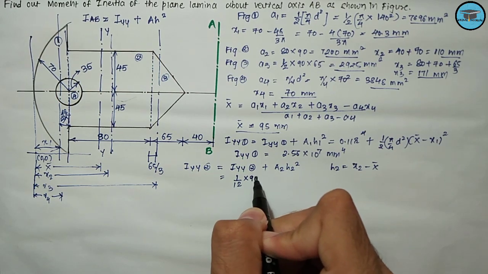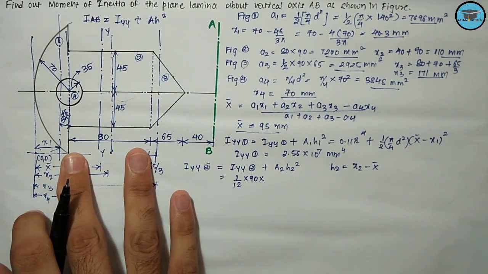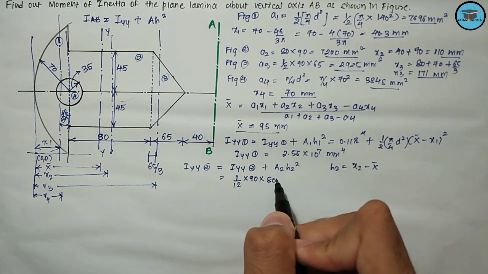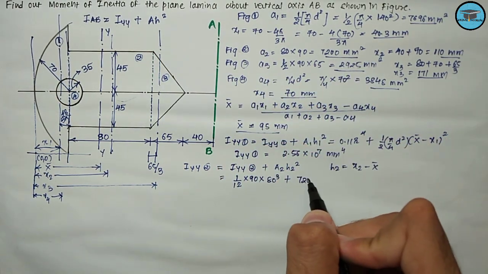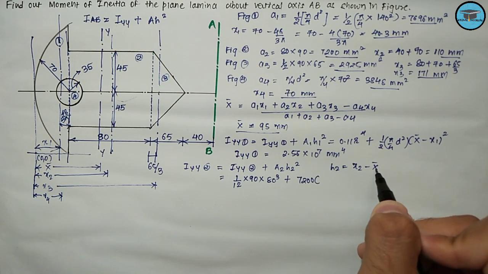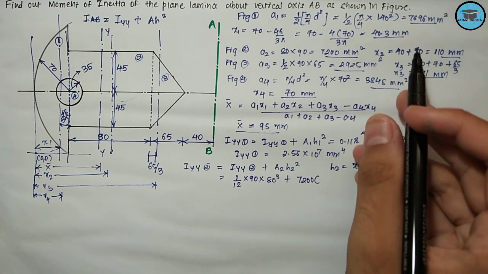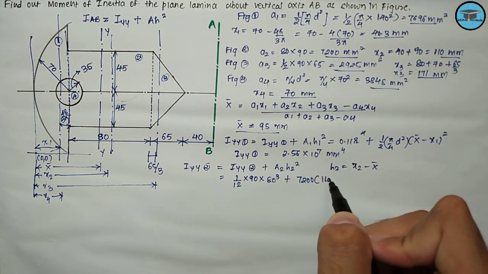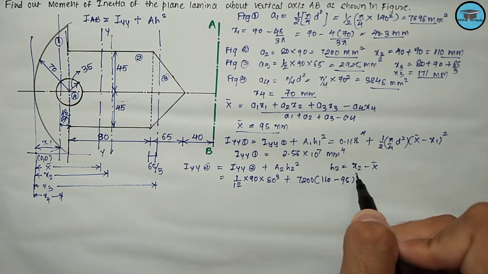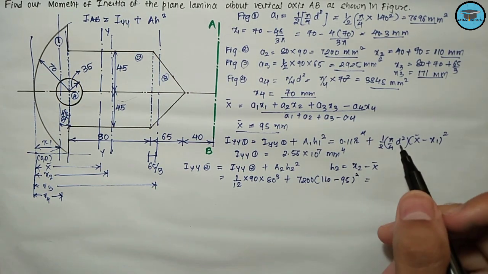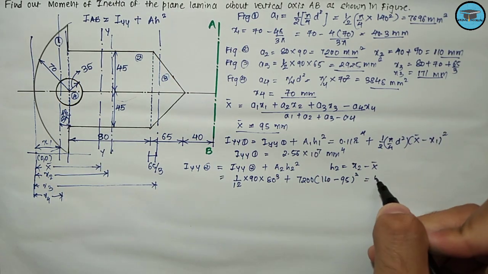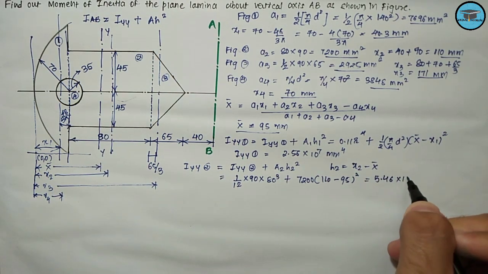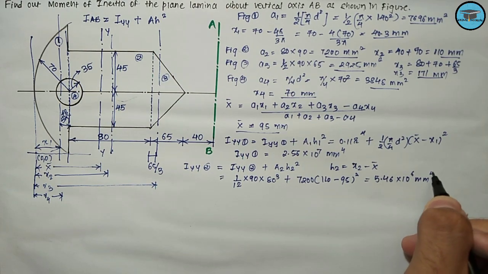So 1 by 12 into 90 into the perpendicular distance, that is 80 cube, plus a2 that we know as 7200 into h2, that is x2 minus x bar whole square. So x2 we know as 110 minus 95 whole square. So we get the moment of inertia of figure 2 about this axis yy as 5.46 into 10 raised to 6 mm raised to 4.